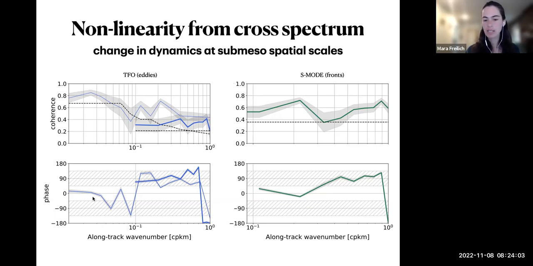When they're in phase, 0, that tells us that we're in this regime where the rotational and divergent components are separable from each other, meaning that it could be, for example, superposition of waves on eddies rather than interactions between waves and eddies, or ageostrophic submesoscale frontal dynamics, for example. And when we plot it that way, we see similar transition scales of around 10 kilometers in this eddy region and around 6 kilometers in the frontal region.